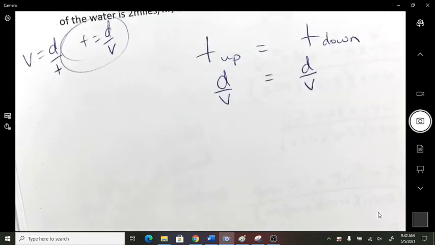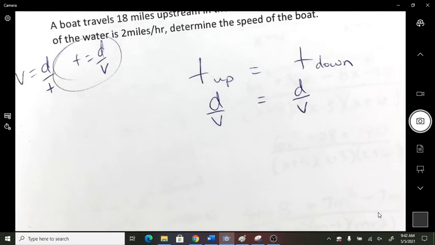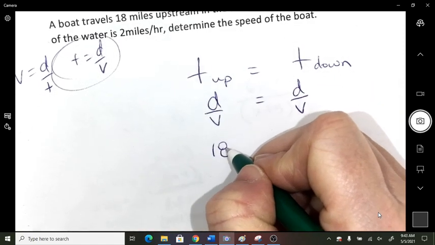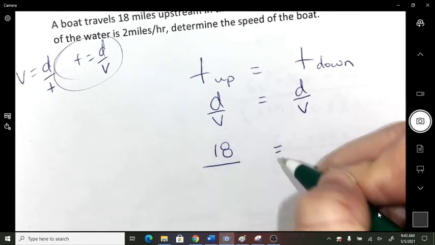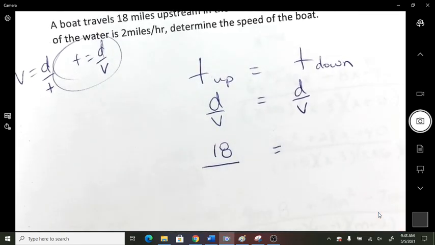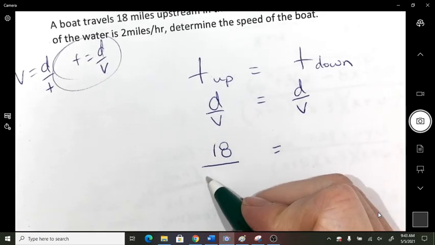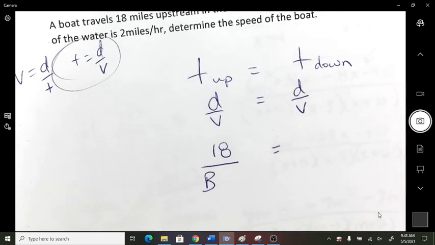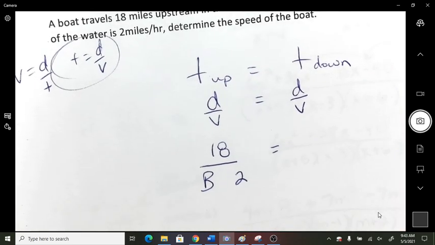Now I have to fill in stuff. So what is the distance as I went up the stream? 18. So the velocity, you have your boat speed, which is unknown. You're going upstream, so what do you want to do with the 2 in the water?